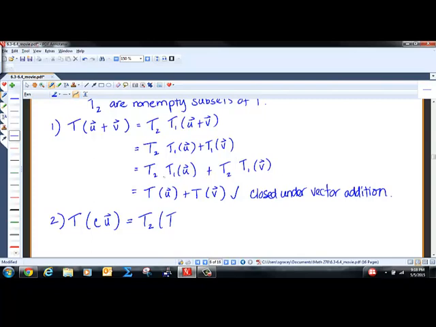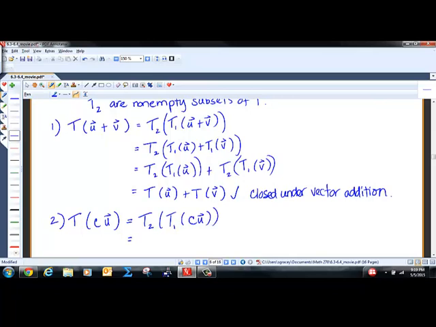It doesn't look as linear transformation-ish. Maybe that'll make it look more apparent. Alright, so then we'd get T2 evaluated at T1 of C times u.